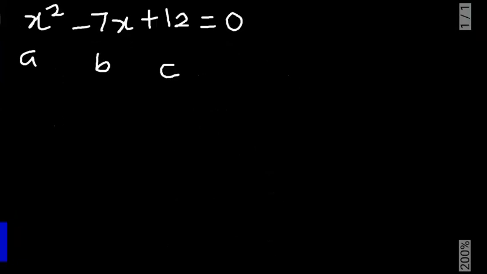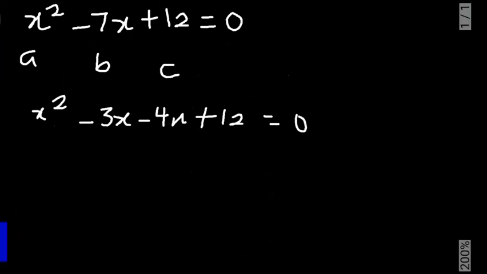So we rewrite this equation, so we would have x squared. Instead of minus 7x, we write minus 3x minus 4x, since it's the same as minus 7x, plus 12 equals 0. So we factorize this expression.